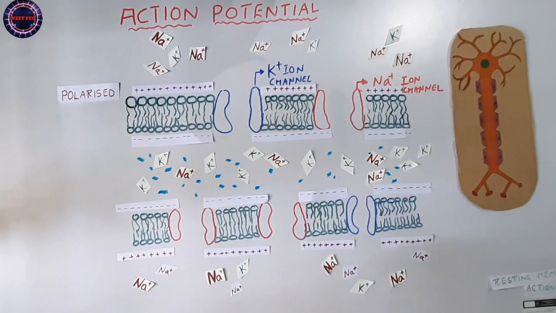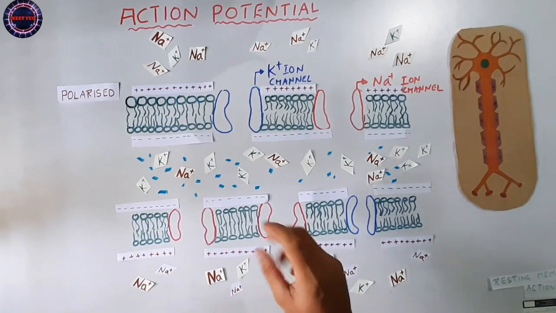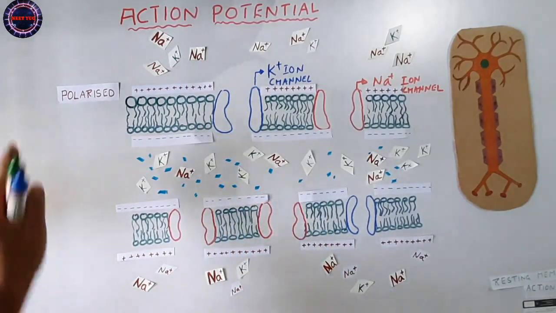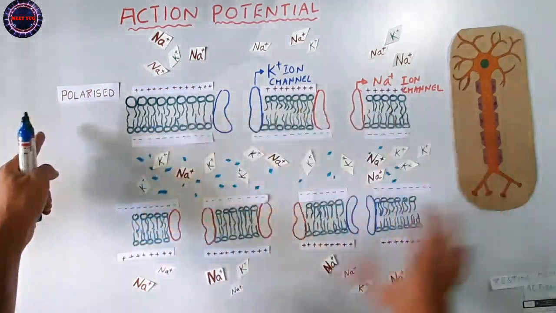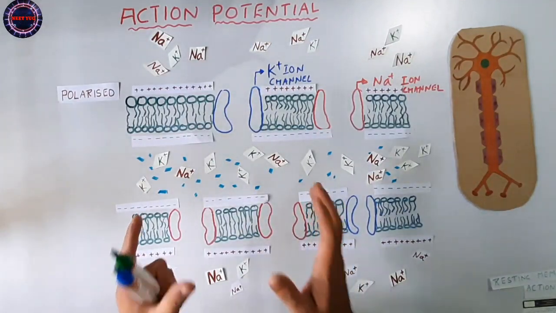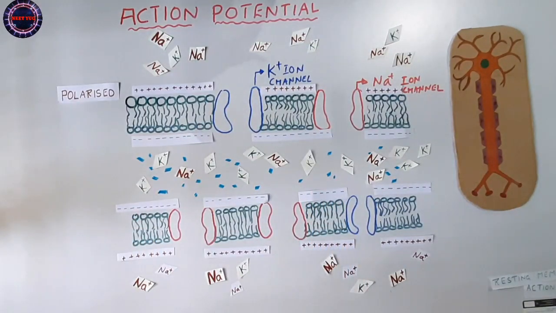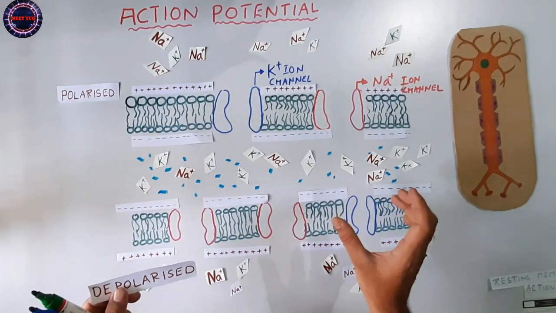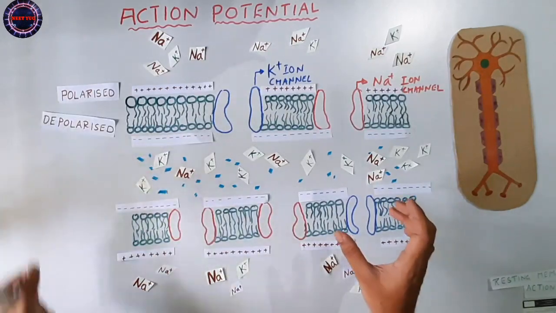I will help you in understanding this action potential with three simple steps. Step number one is when the entire neuron is at rest, that is called the polarized state. Next is when a particular site of the neuron is now depolarized.